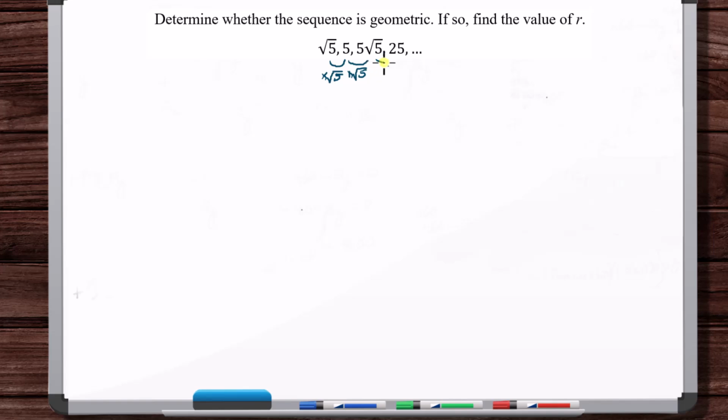Now let's multiply by root 5 again. 5 root 5 times root 5: root 5 times root 5 is 5, and 5 times 5 is 25. So we're multiplying by the same factor here. So yes, this is geometric, and r is equal to the square root of 5.